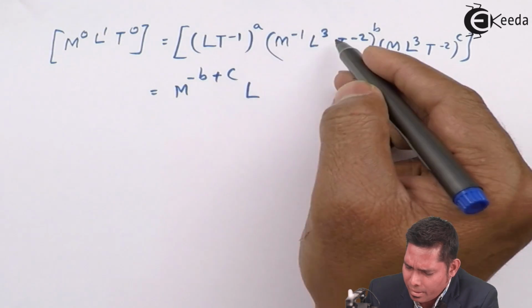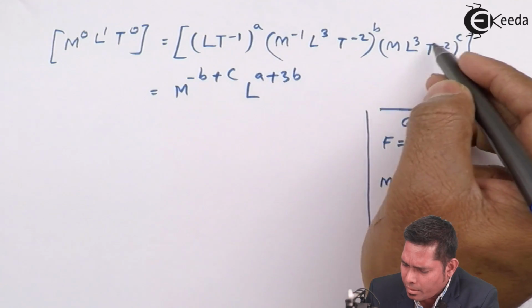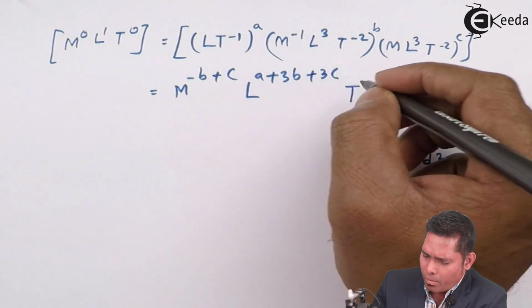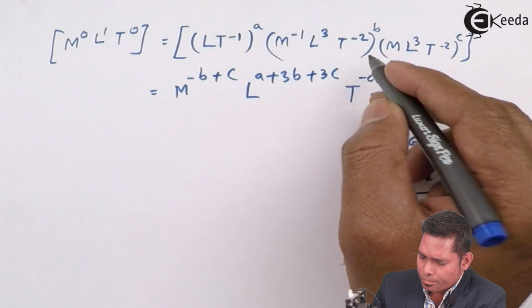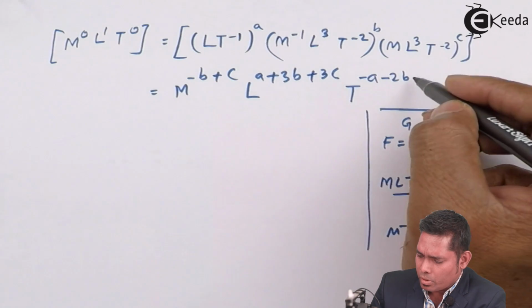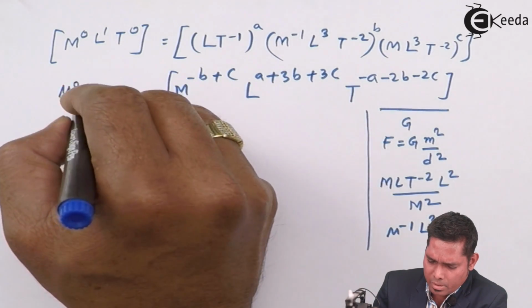L to the power a here, 3b here, so a plus 3b, and here it is 3c. T to the power minus a here, minus 2b here, and here it is minus 2c. This dimension and this dimension are equal.